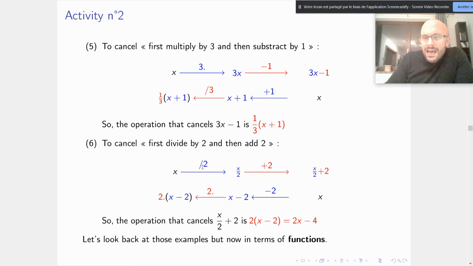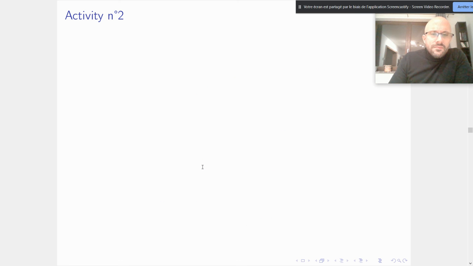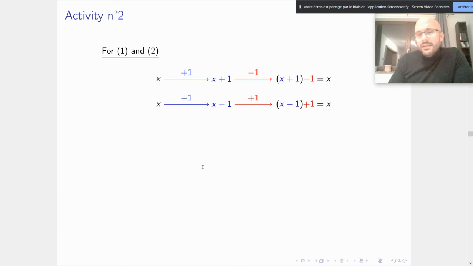Let's see what happens now in terms of functions. Here we saw this only in terms of arithmetic operations. What happens if we think of this in terms of functions? For the first one and the second one, because they were the same, we had that little scheme.